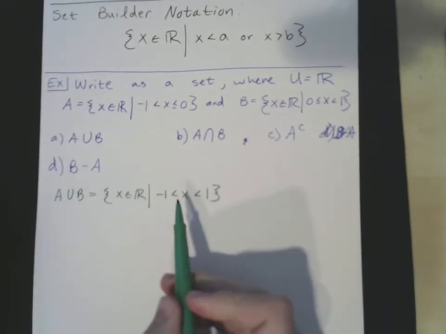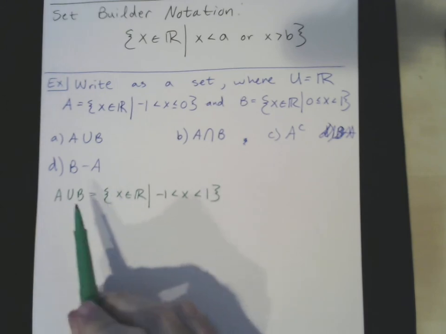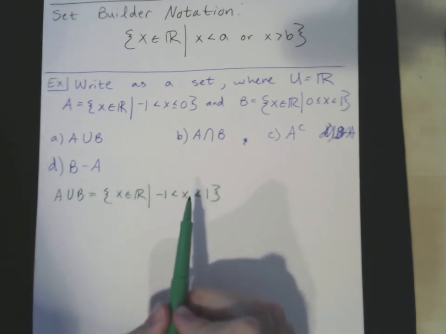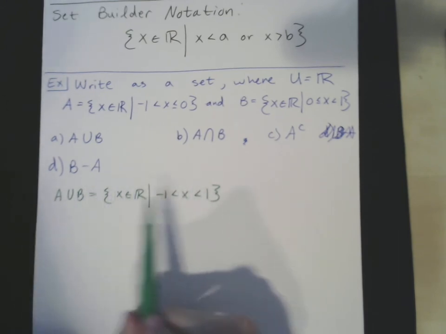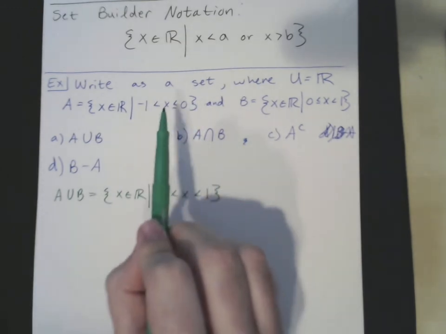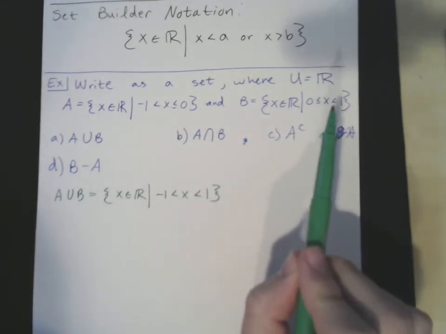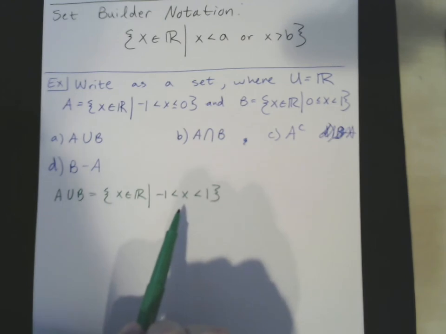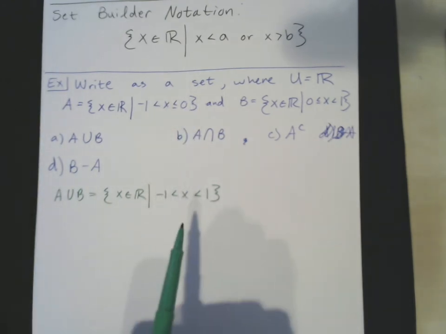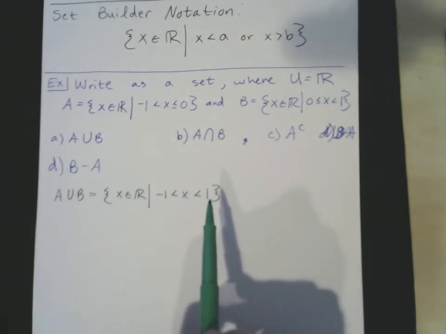Now we are saying every single value falls in this, but they come from this interval or this interval. So if you're in this interval, you're still in this one. And if you're in this interval, you're still in this one. So this becomes our union.